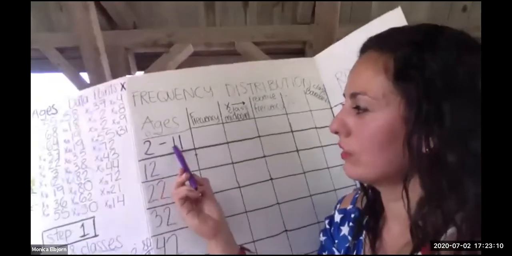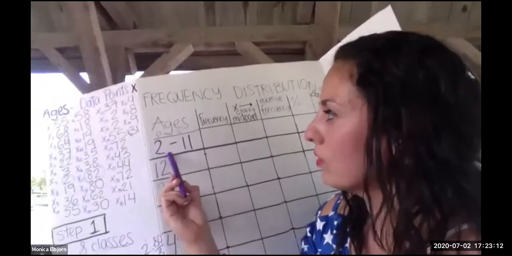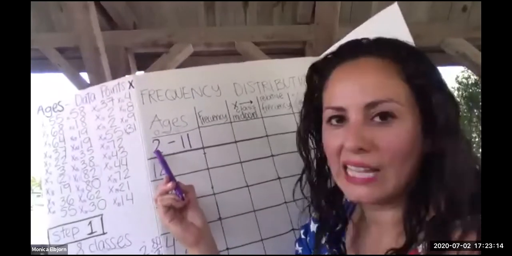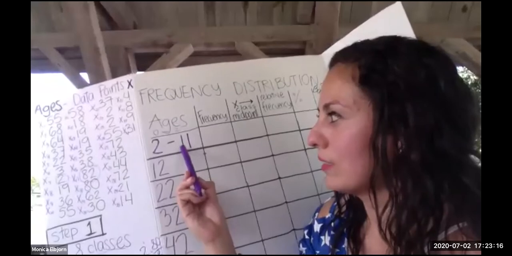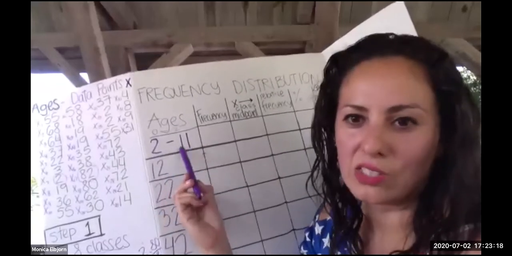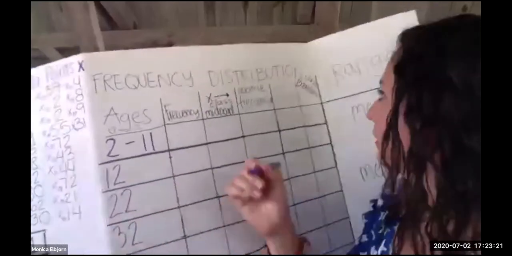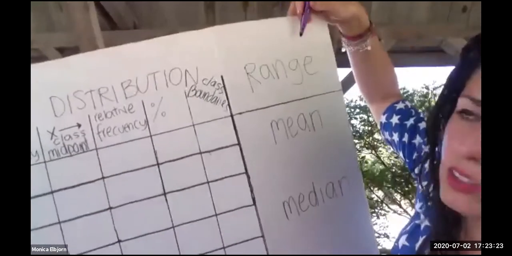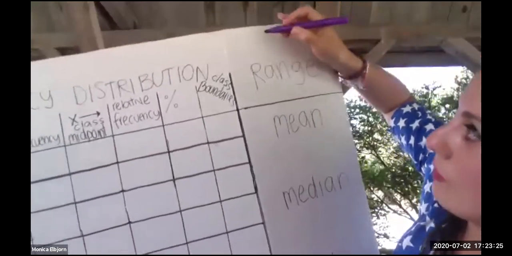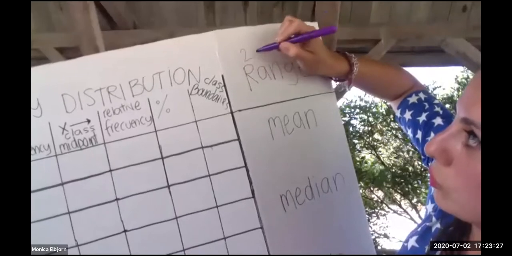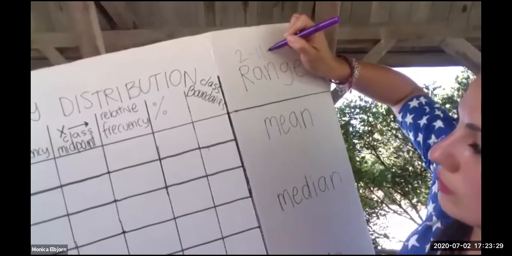So this is called our first class. Lower class limit, upper class limit, and it's also called the range. So the range for the first class limit will be from 2 to 11, right?